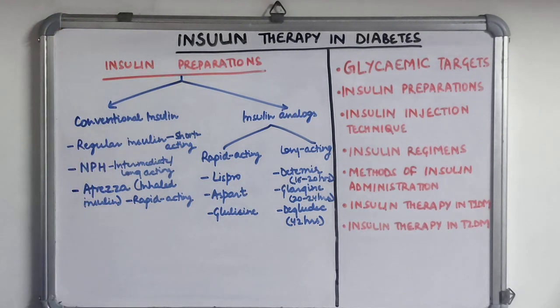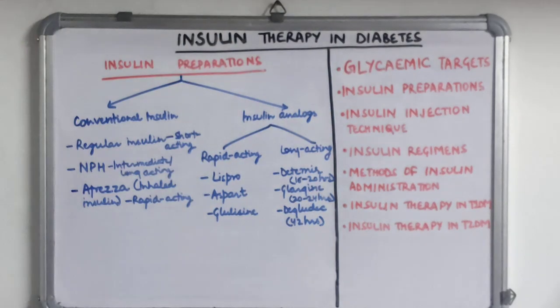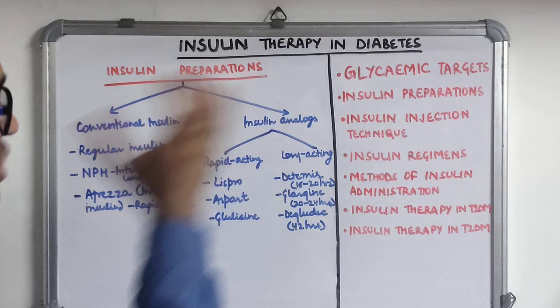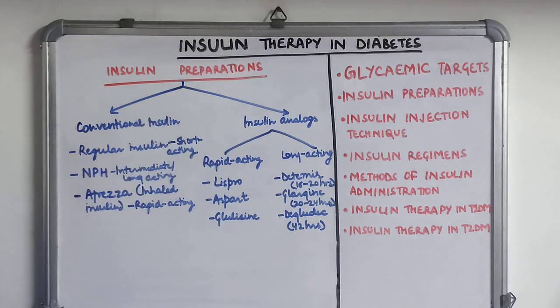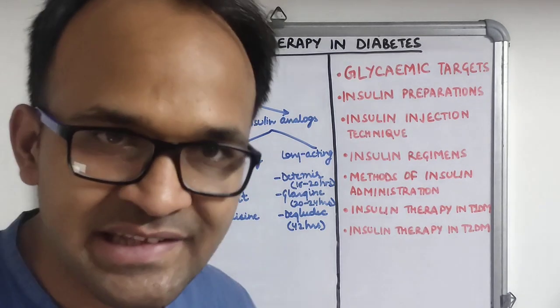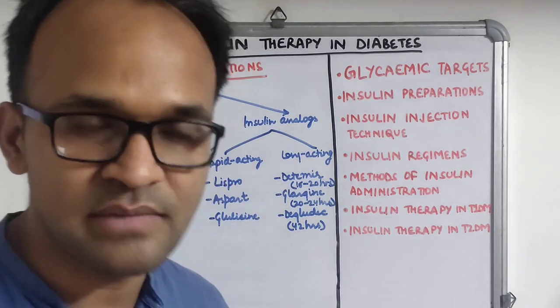Now we will talk about the combination insulin preparations. Before I talk about them, I want to tell you the advantages of these insulin analogs over conventional insulin. These insulin analogs act more physiologically, as I have told you. So there is decreased risk of hypoglycemia.